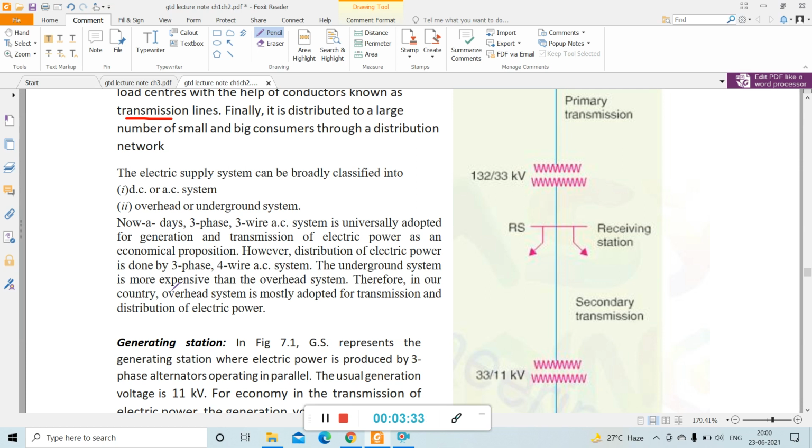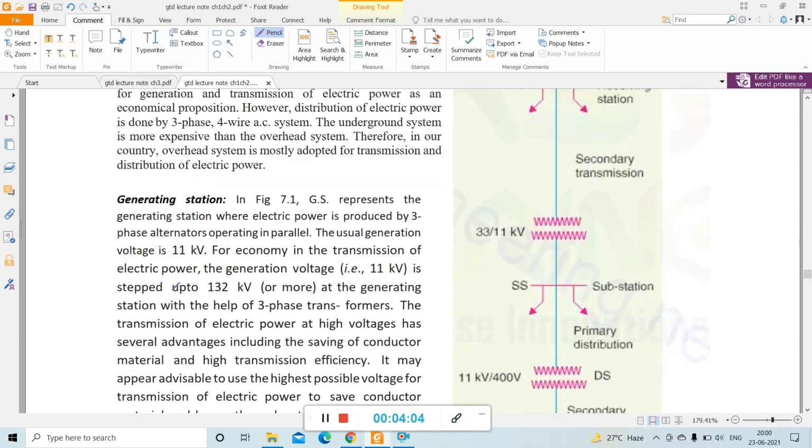But distribution of electrical power is done by 3-phase 4-wire AC system, and the underground system is more expensive than the overhead system. Therefore in our country the overhead system is mostly adopted for transmission and distribution of electric power. That means in crowded areas underground system is considered.